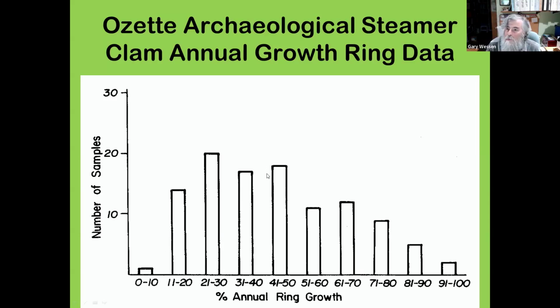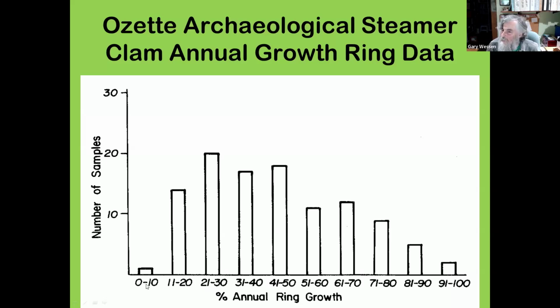Late winter and early spring, spring is late, the stored food has run out, you go eat clams. But what the ring growth tells us is that collecting continued through the summer months at a level that's almost as high as late winter and early spring, declines in the fall, and in early winter there's not much collecting going on, is what this pattern looks like.